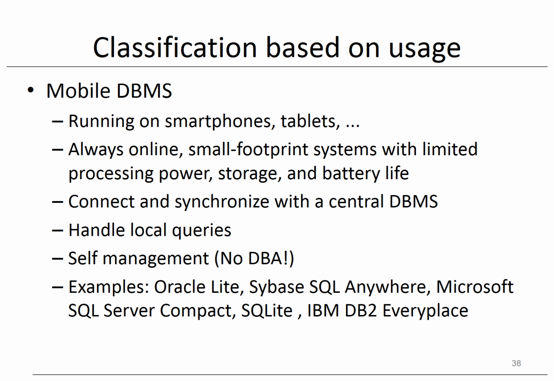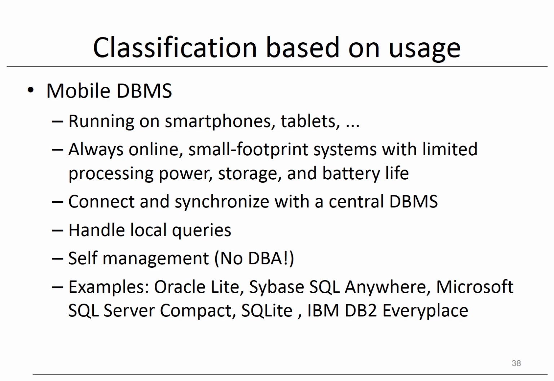Mobile DBMSs are the type of DBMSs running on smartphones, tablets, and other mobile devices. They should obviously have special properties. They should always be online, have a small footprint, and be able to cope with limited processing power, storage, and battery life. Depending upon the application, they could connect and synchronize to a central DBMS.